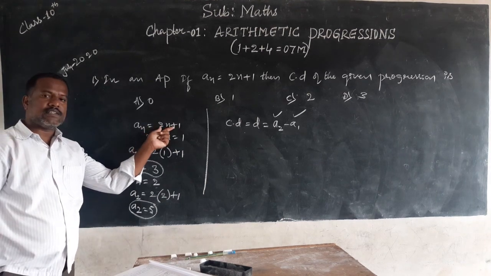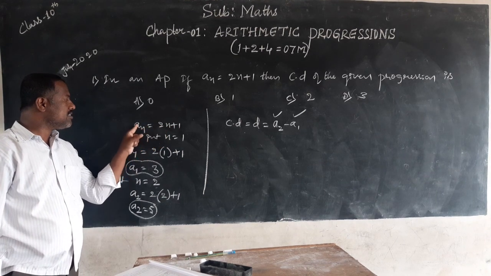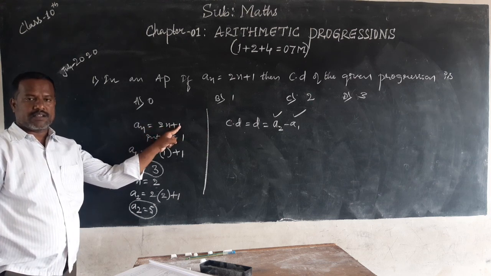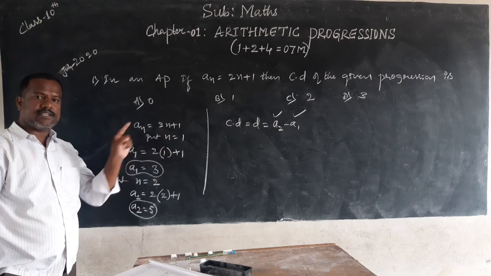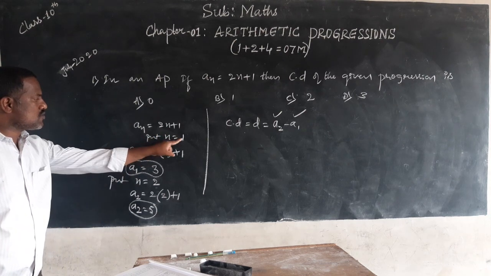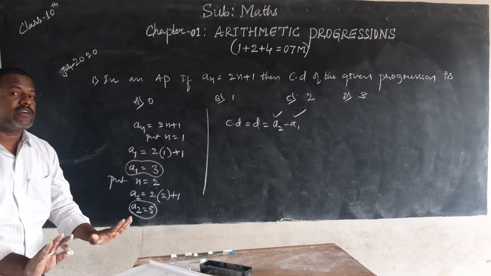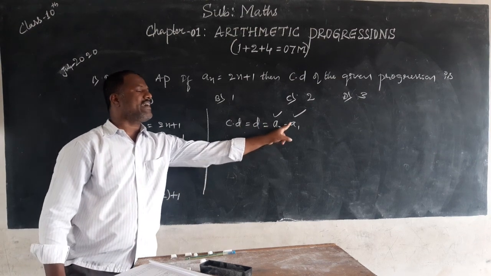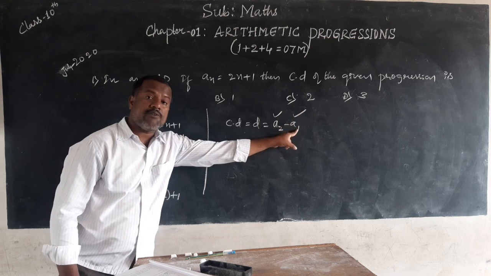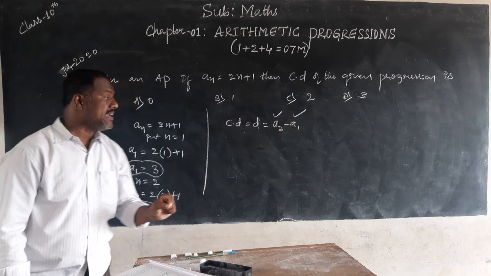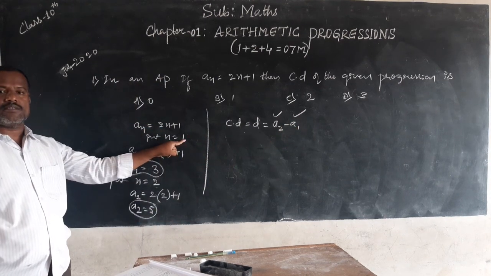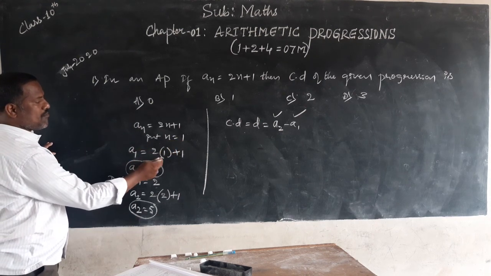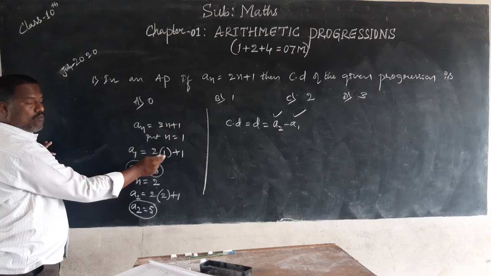So they have given us the nth term, that is 2n plus 1. So what we have done here, put n is equals to 1. Why we need A1? Because the formula for D is A2 minus A1. If you want A1, we have to fill in place of n, that is 1. Understand children? A1 is equals to 2, open the bracket, in place of n, 1.